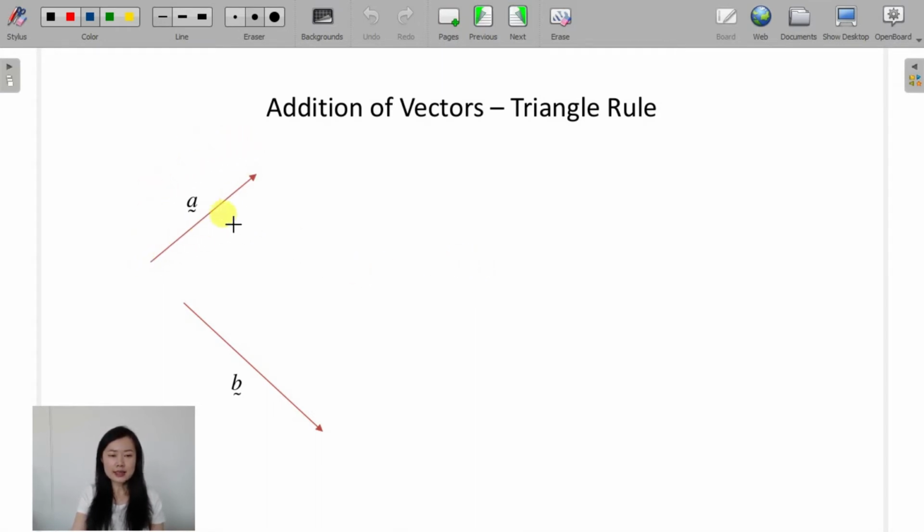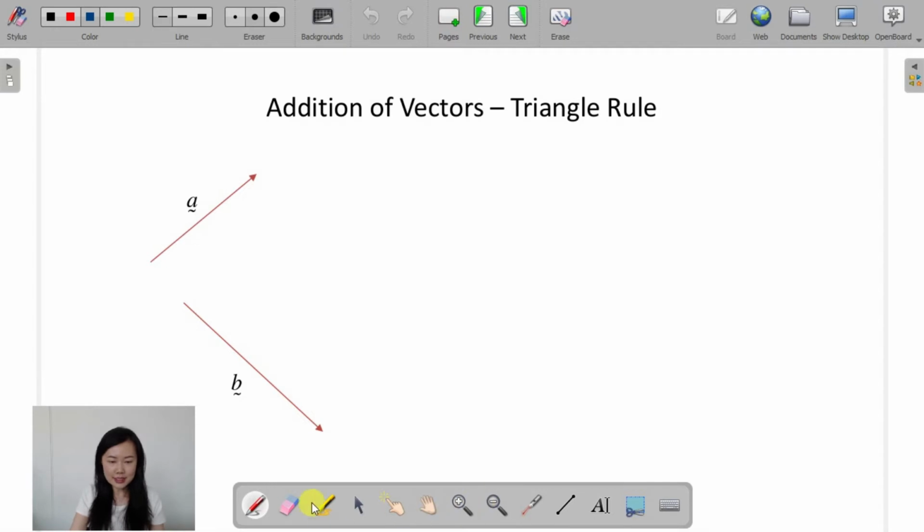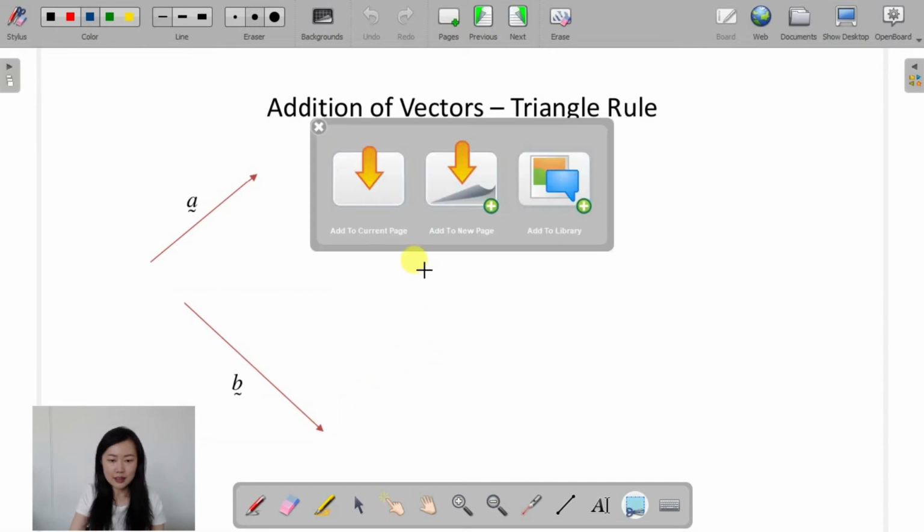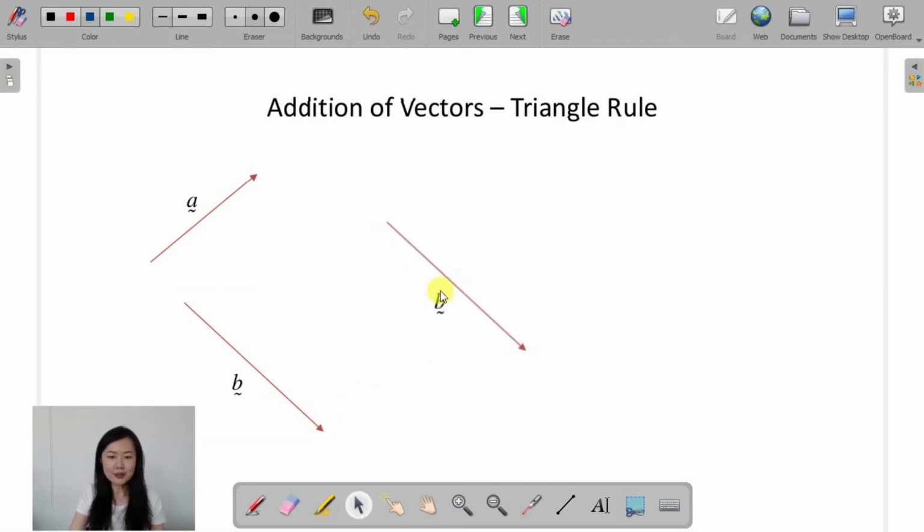Imagine taking this. I'll see if I can actually just copy this. Okay, so I can move this. All right, so I just copied the vector.